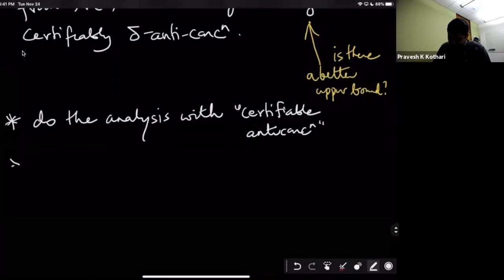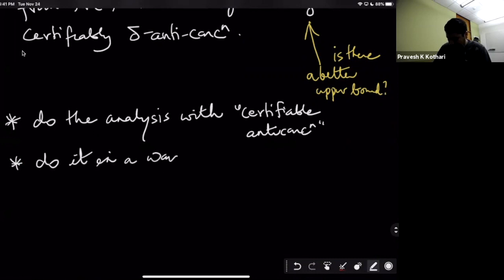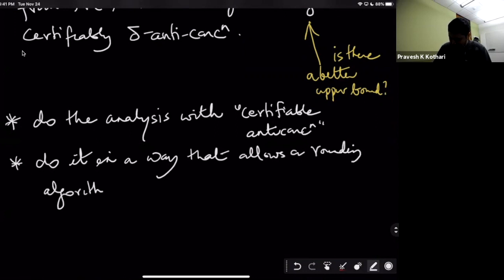And we have to do it in a way that allows for a simple rounding algorithm. In particular, this rounding algorithm should not try to sample from a pseudo distribution. It should somehow only use low order pseudo moments, right?